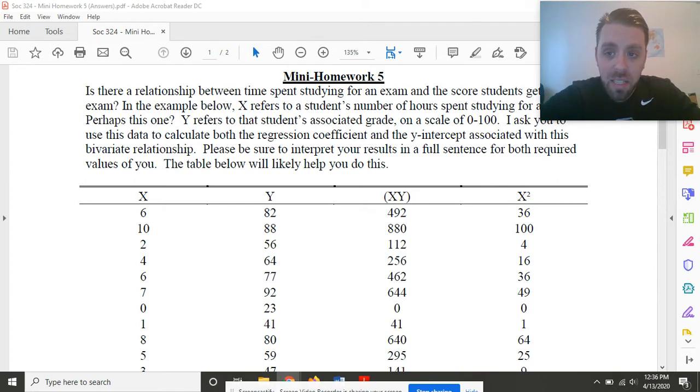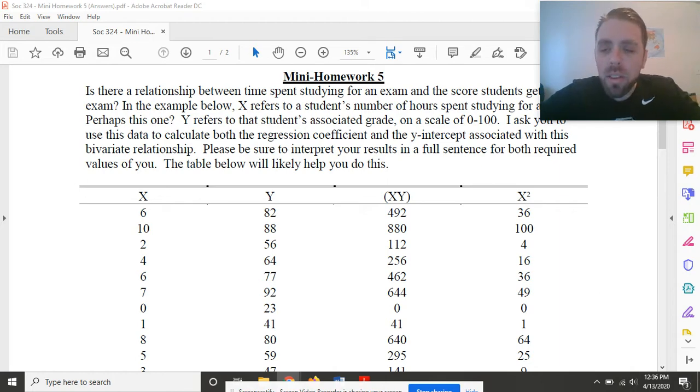And I'm hypothesizing that that will have an influence on Y, the dependent variable, or the variable that is being affected. In the case of this question, it's what score you actually got on that exam, perhaps an exam in this class. So Y is the student's grade, and X is the number of hours that a student put into this.